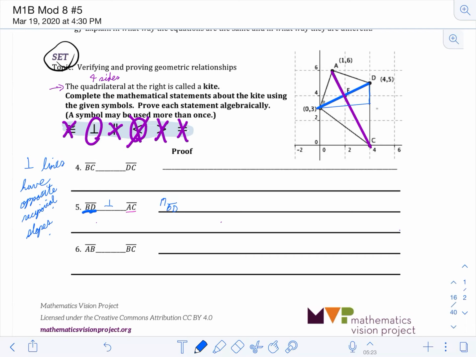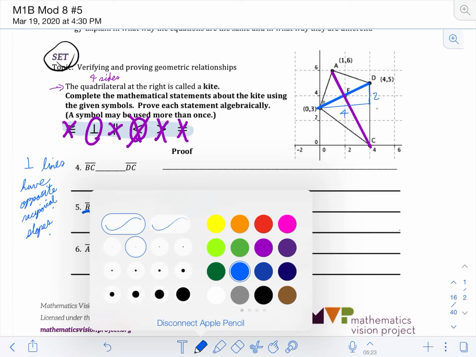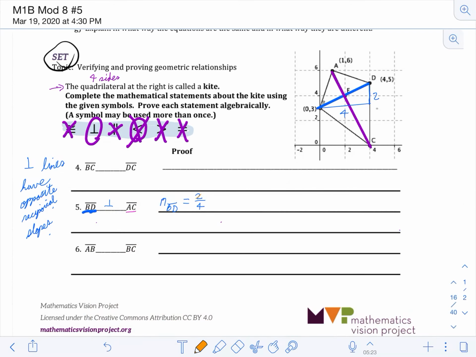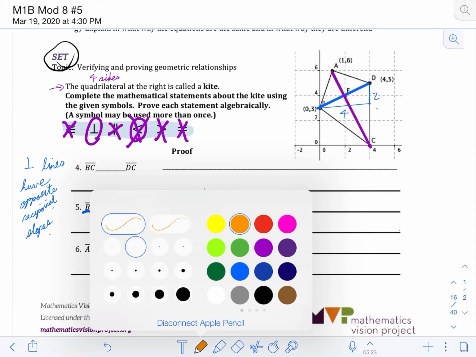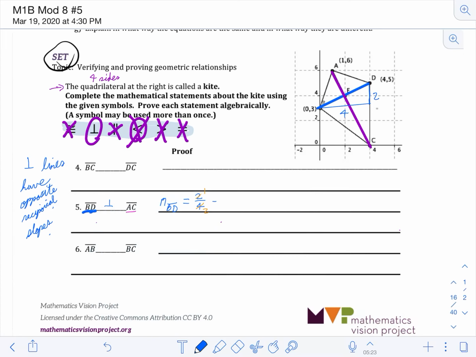It goes over 4 and up 2, so the slope for BD is 2 over 4, rise over run. That simplifies down to 1/2 because both are divisible by 2. The slope of BD is 1/2.